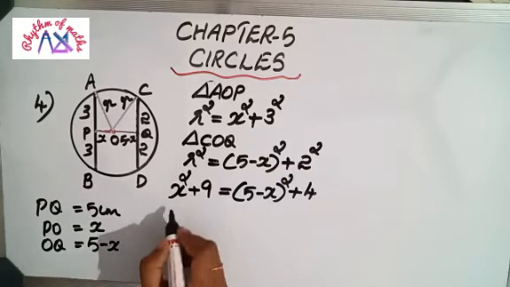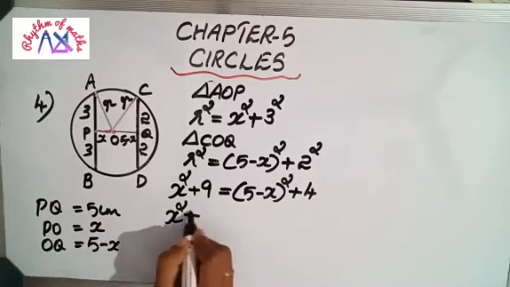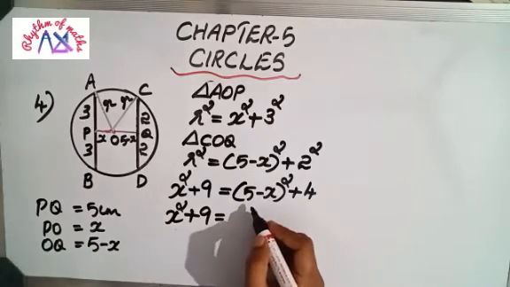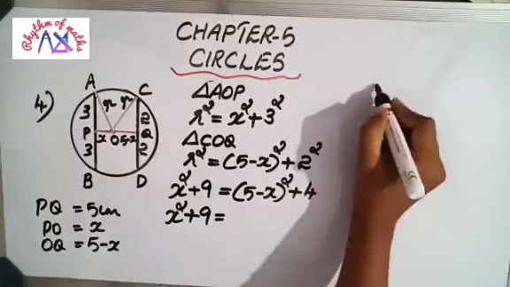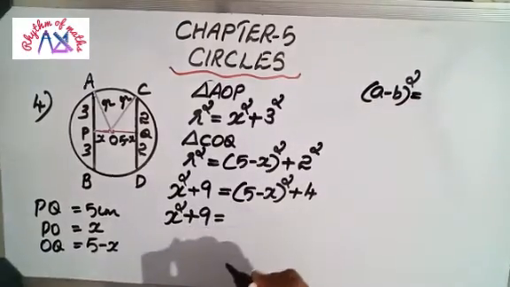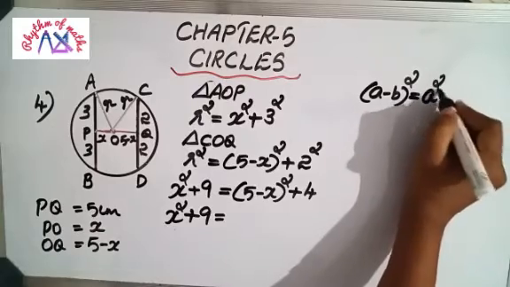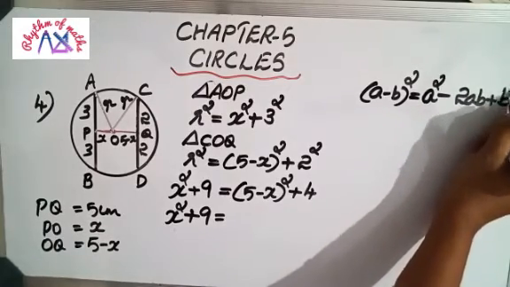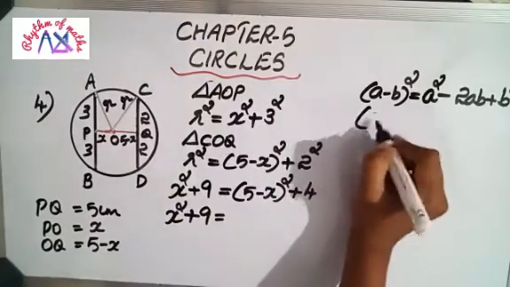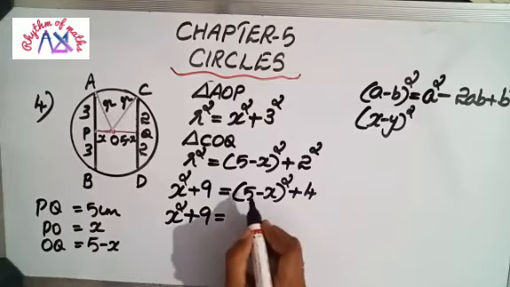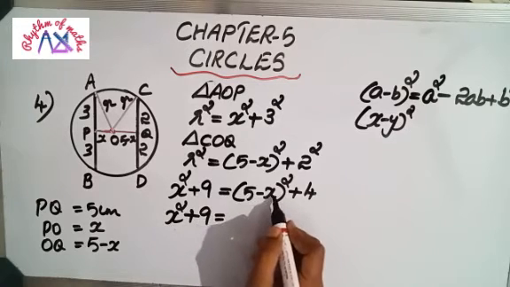Now let's expand. Here x square plus 9 equals 5 minus x the whole square. It is of the form a minus b the whole square. What is a minus b the whole square? a square minus 2ab plus b square. Maybe you have learned it like this, x minus y the whole square. Both are the same. So here 5 minus x, first number, second number.